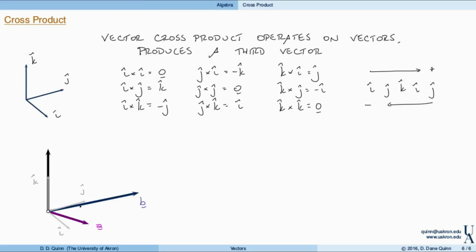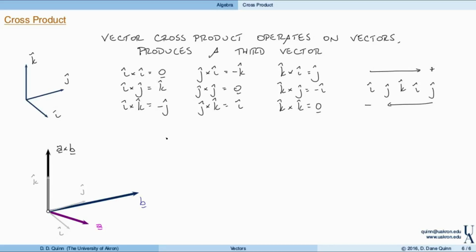So if i and j are defined like this, and A and B are defined in the plane of i and j, then the cross product of these two is going to be perpendicular in the k direction. So this black vector might be A cross B.